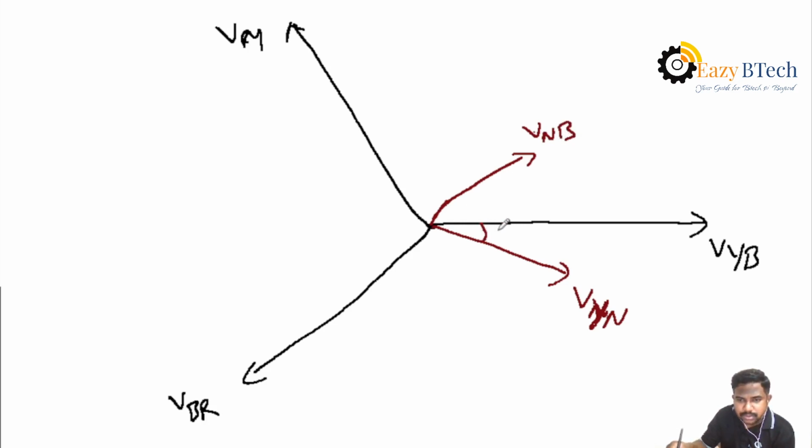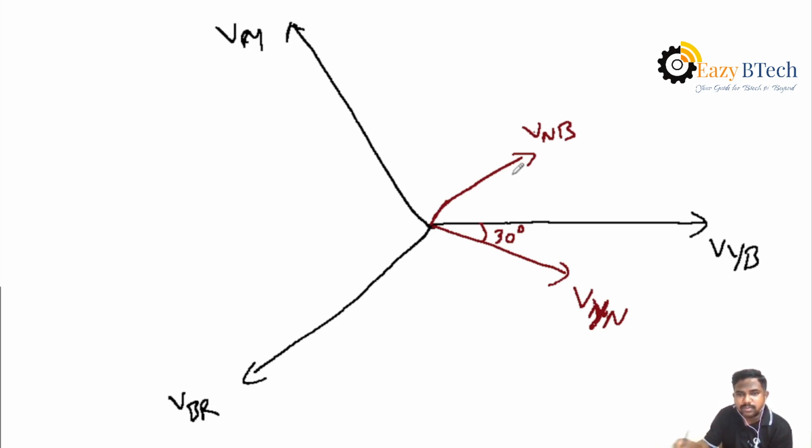Okay, both phase vectors are placed at 30 degrees. Then how to obtain VYB? Adding VYN plus VNB.